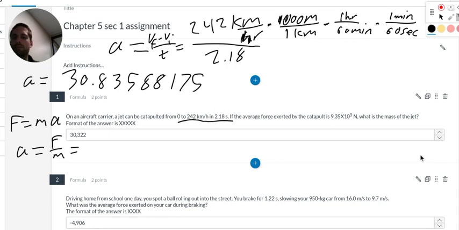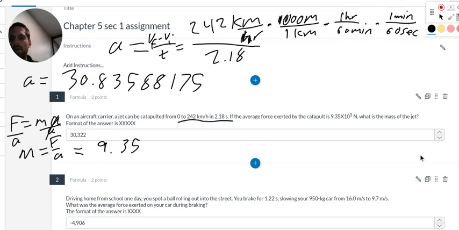In this case, I want to solve for the mass of the jet. So I will do m equals F over a, just dividing a on both sides.